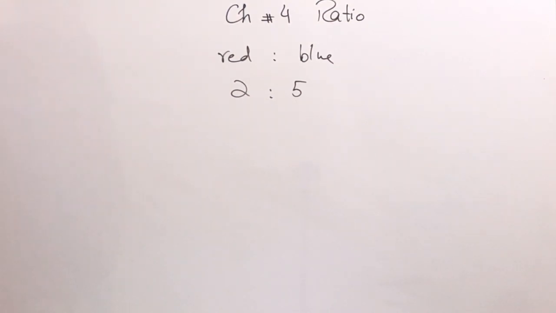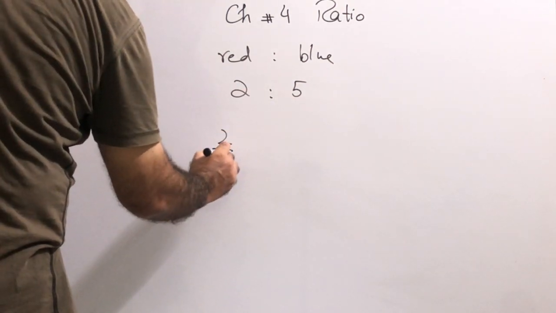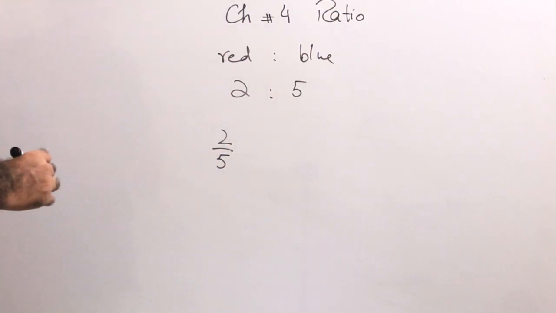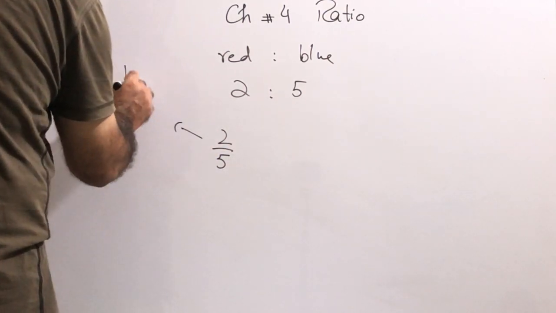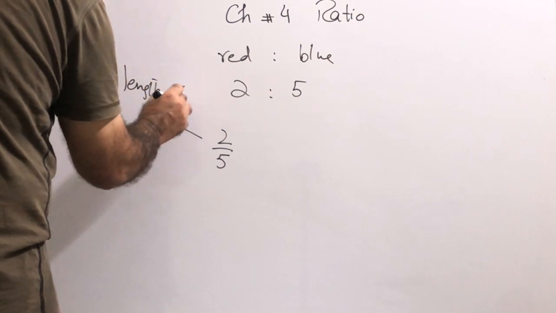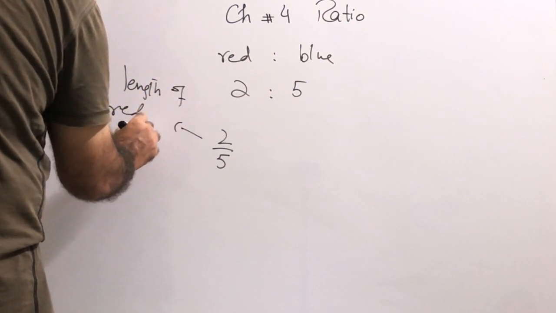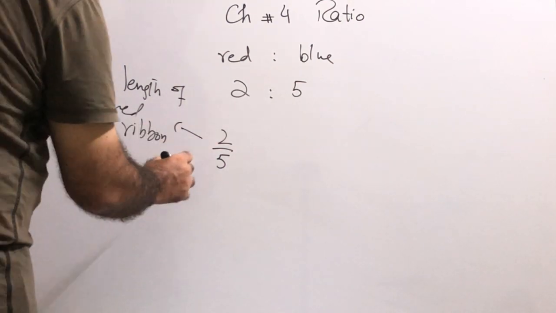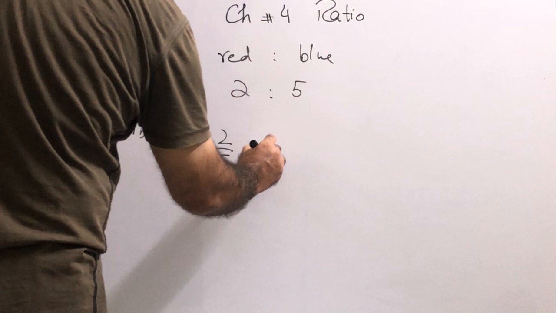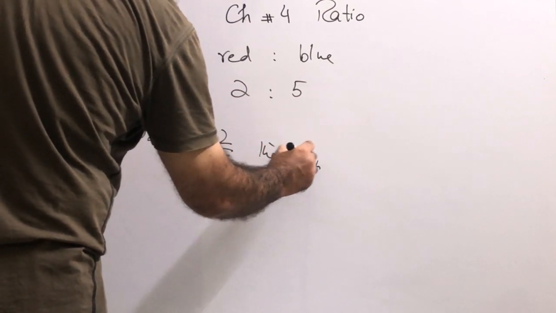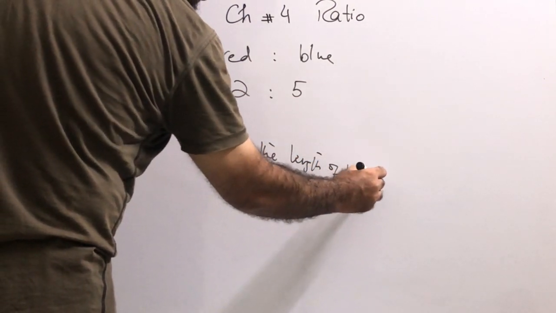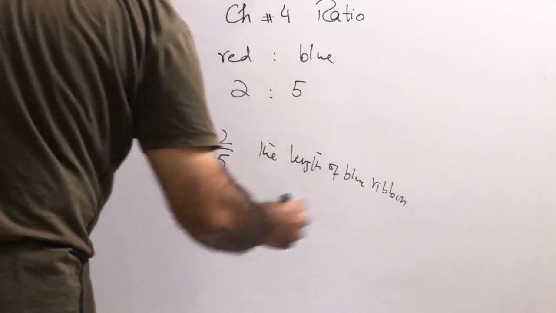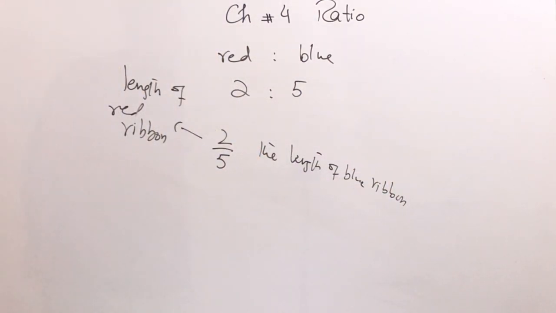So the way we told you that ratio also means division, so we will say 2 divided by 5. So the length of the red ribbon is 2 over 5 the length of the blue ribbon. The same thing which we told you in the beginning, okay.